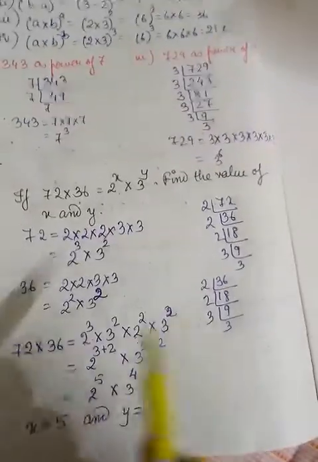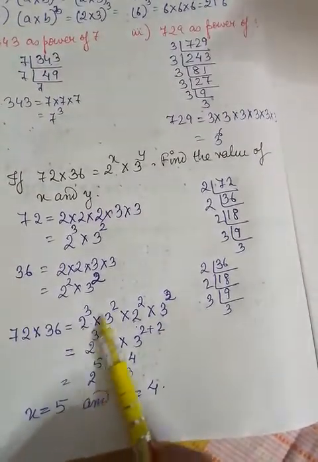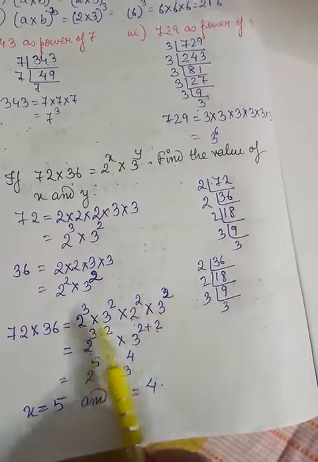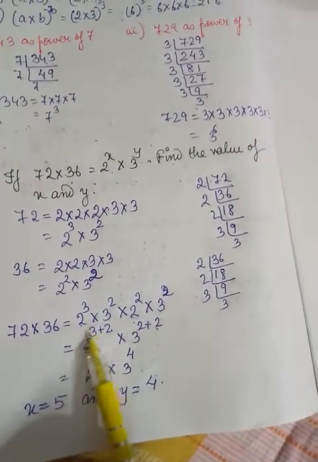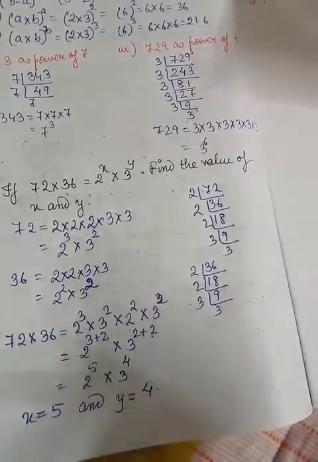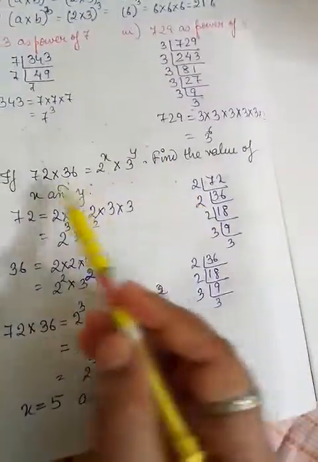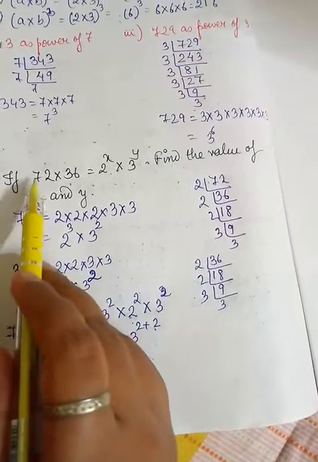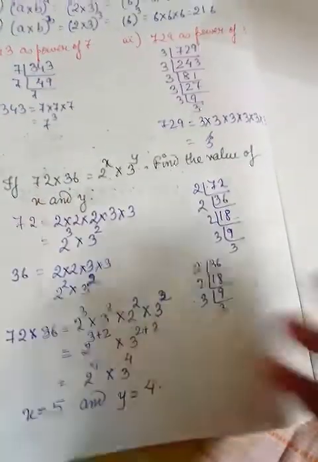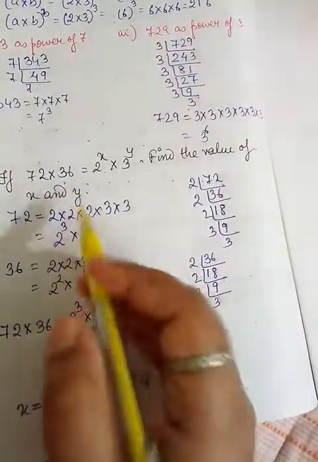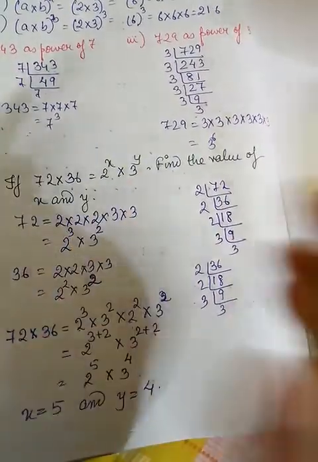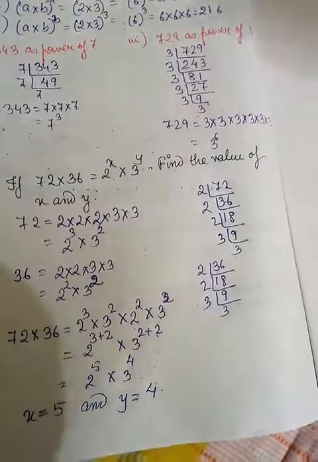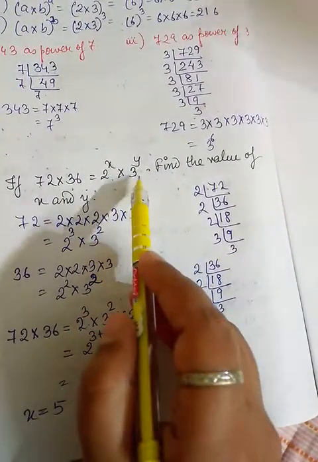y. So once we have got the values of x and y, we can solve. Now, if you are having a problem in understanding this part, that is, if the bases are same and they are getting multiplied, we add their exponents, the other way you can do it is to first multiply 72 and 36, and then whatever product we get, we will find that product in terms of 2 and 3.